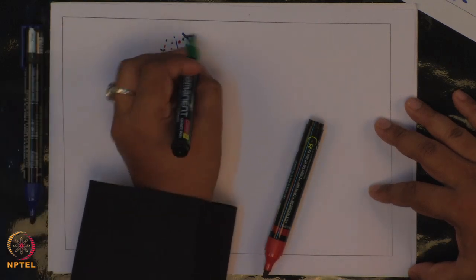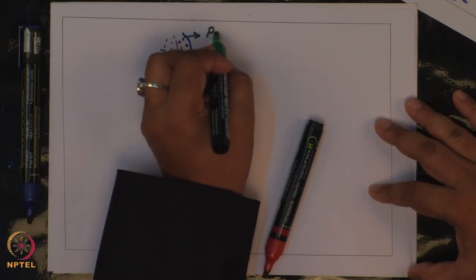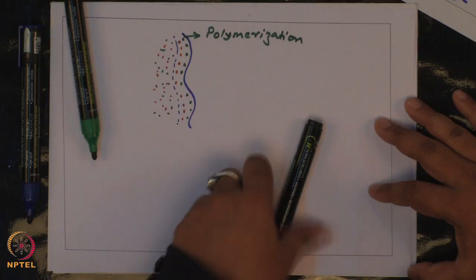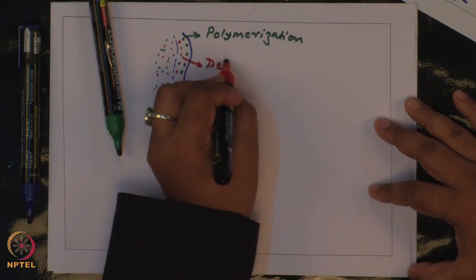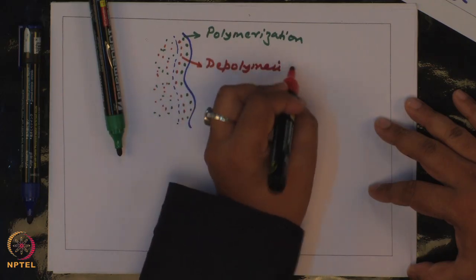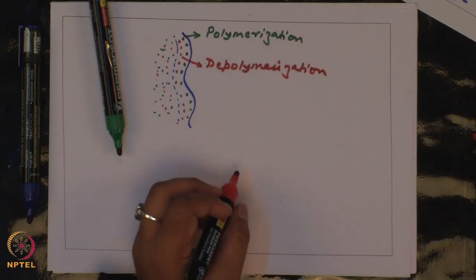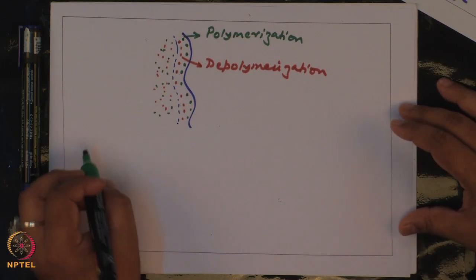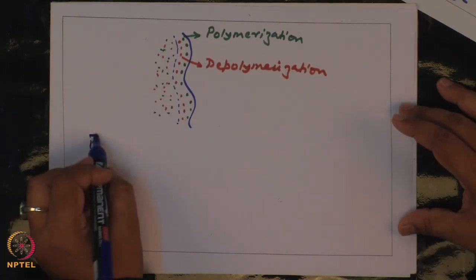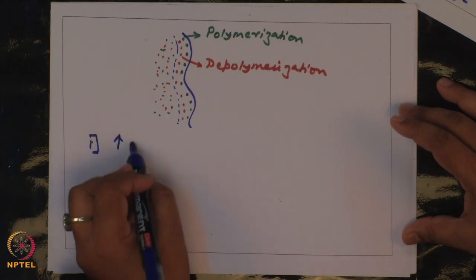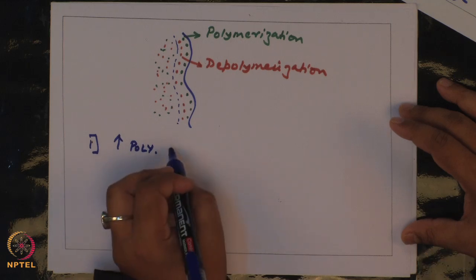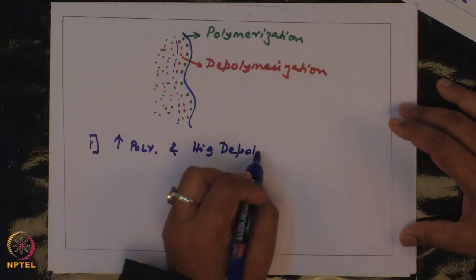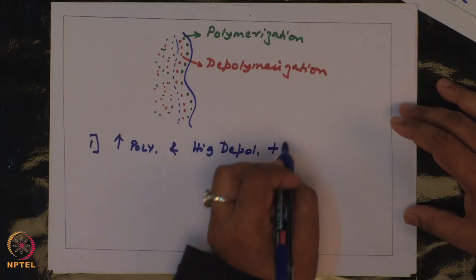The green ones correspond to speckles where polymerization is observed, and the red ones signify depolymerization. So, in essence the first zone has high polymerization and high depolymerization, plus fast retrograde flow.